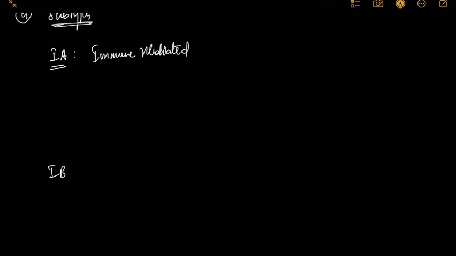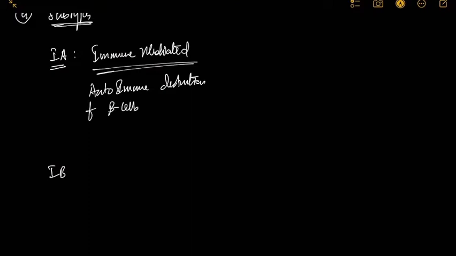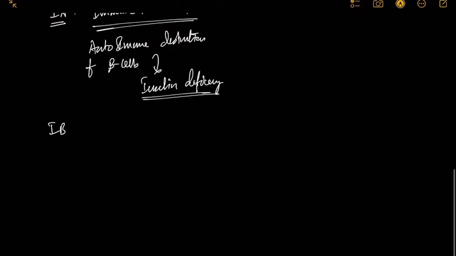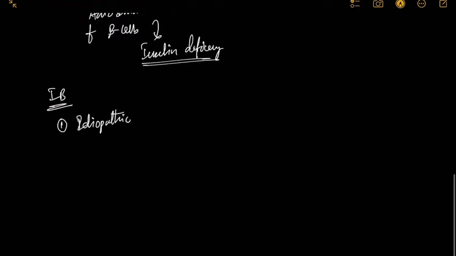What happens here is there is autoimmune destruction of the beta cells of the pancreas, which leads to insulin deficiency. Whereas 1B is idiopathic. That means the cause for this is not known and it's been tested negative for autoimmune markers.